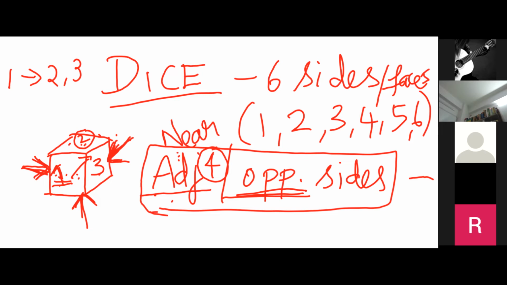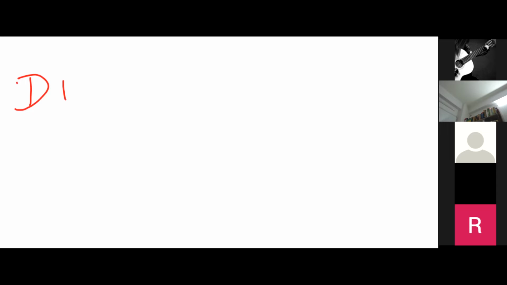This side, which is not visible to us, is the opposite side. So all the faces of a dice will have one opposite side. So a dice is 6-sided.